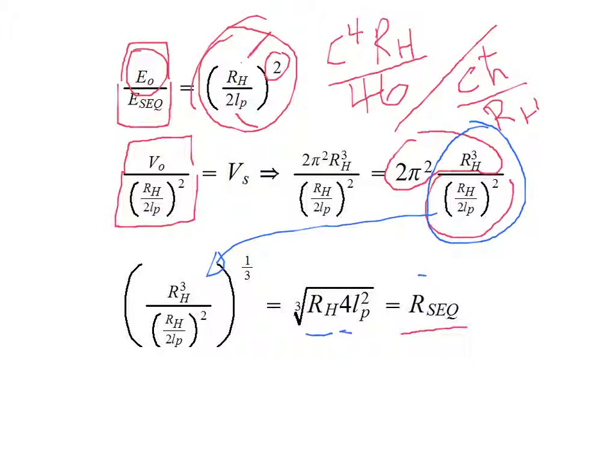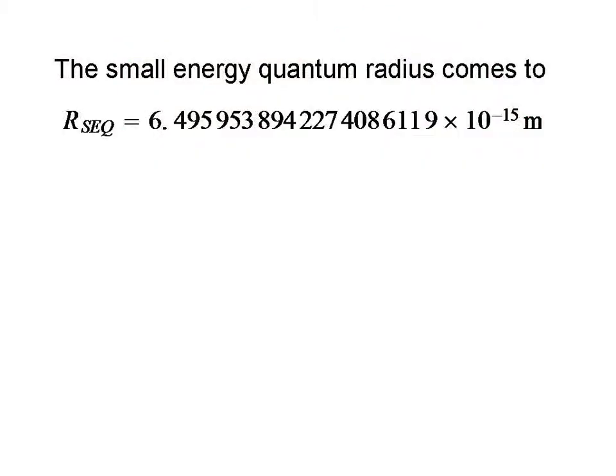So that's our radius of the small energy quantum. It comes to approximately 6.495 times 10 to the minus 15 meters.